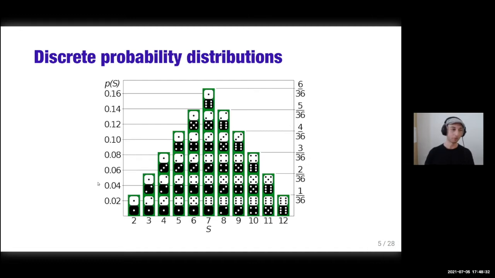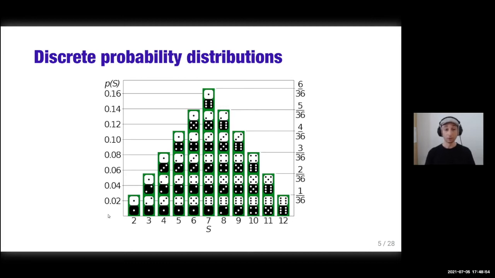If we start from the left side of this figure, you see that the only way of getting a 2 is getting two ones. The black die has a 1 and the white die has a 1 as well. There are no other possible combinations that can give you a 2.